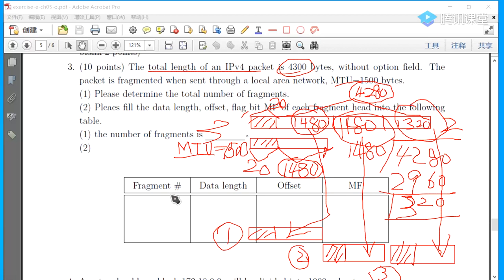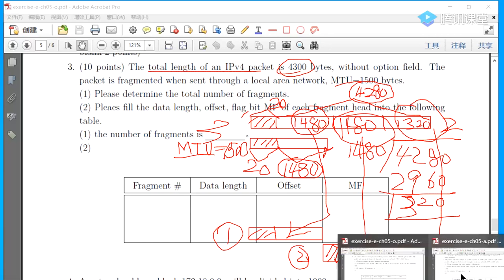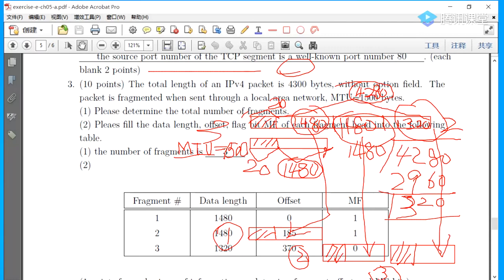Okay. Then the other, we fill in the data length. The data length for the first is 1,480. The second is 1,480. The third one is 1,320.